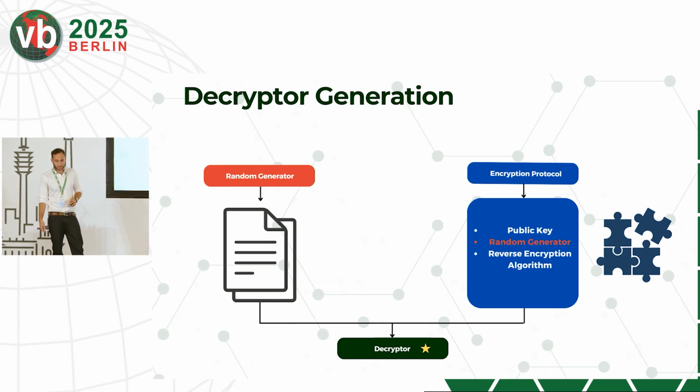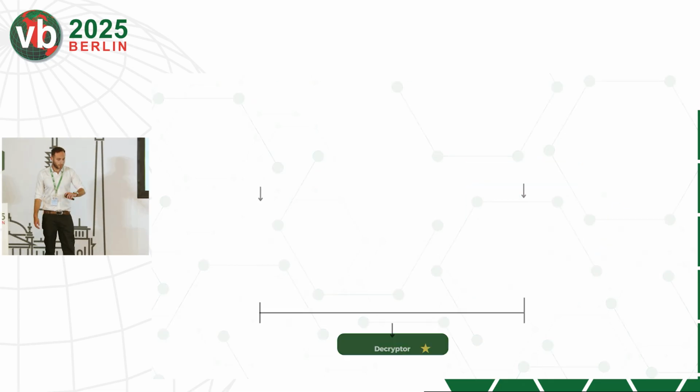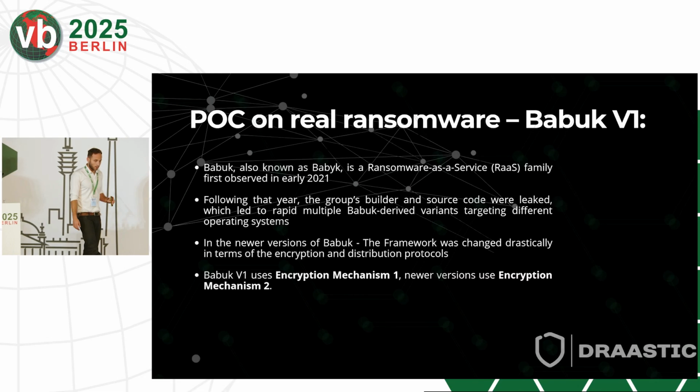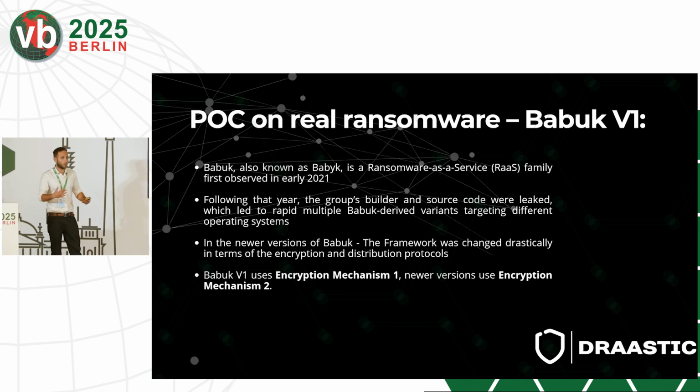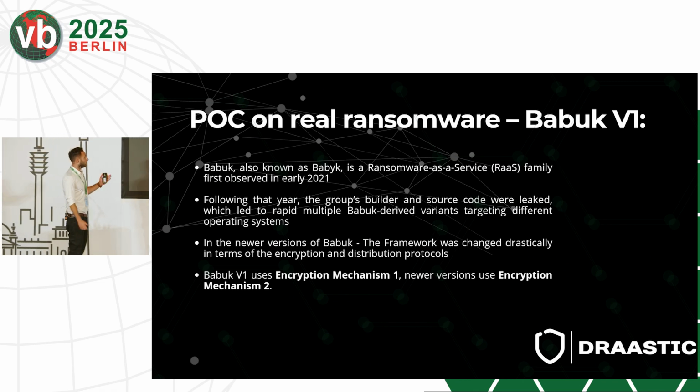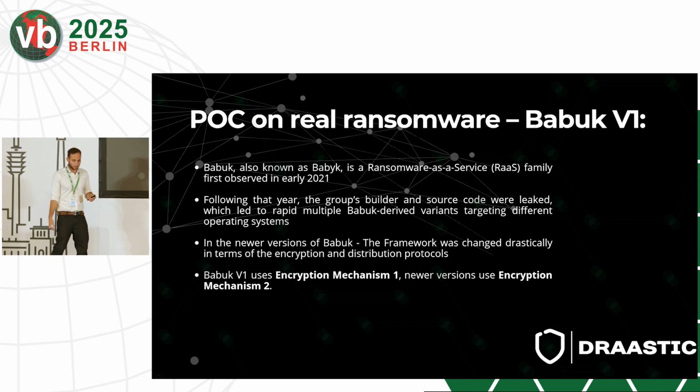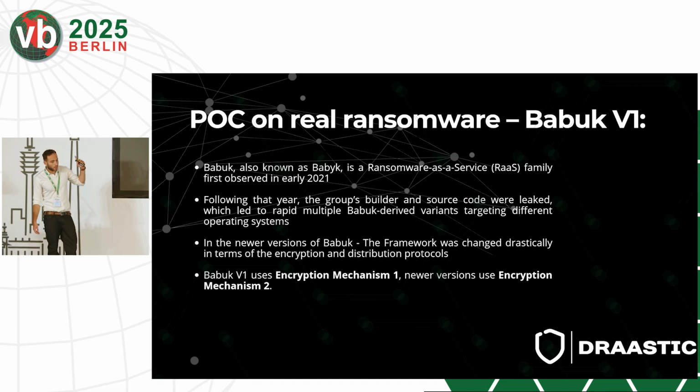And by that, generating a decryptor. So now we're going to see a quick POC example on a real ransomware, on Babuk V1, and a real infection. And if you want to see other POCs or to get in depth, you're welcome to read the white paper.